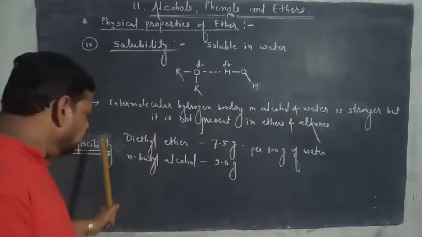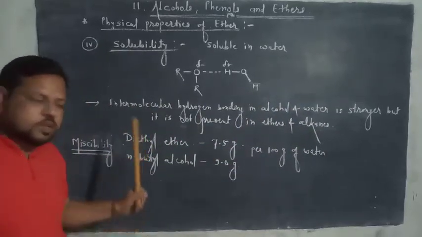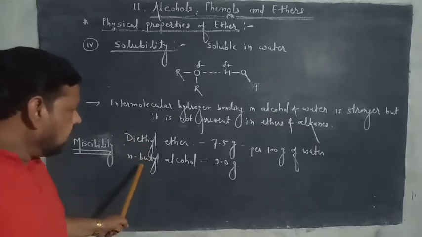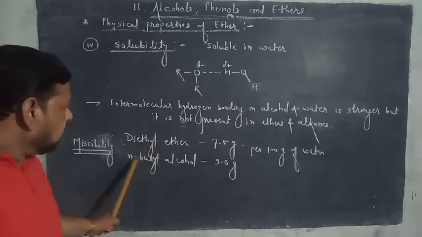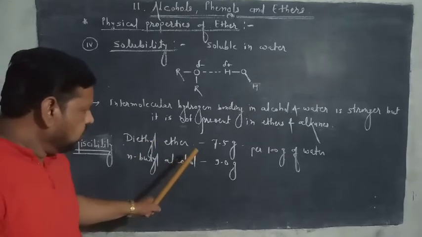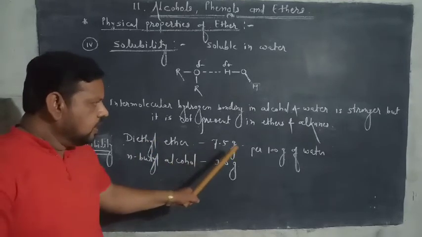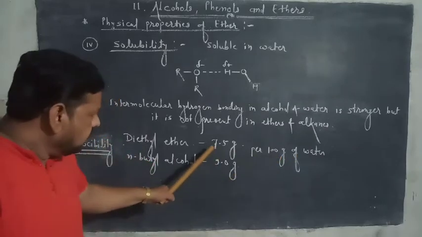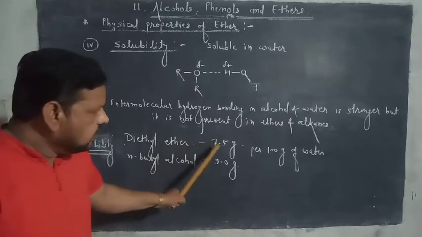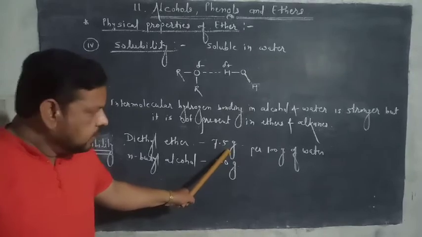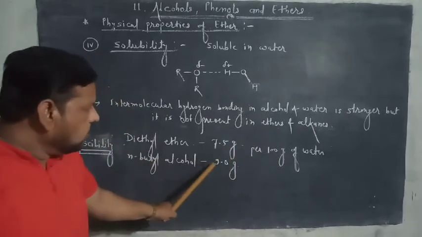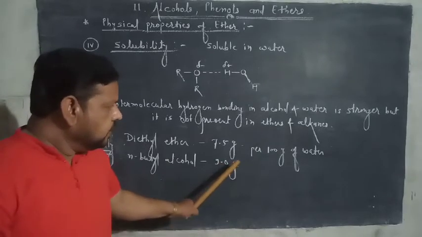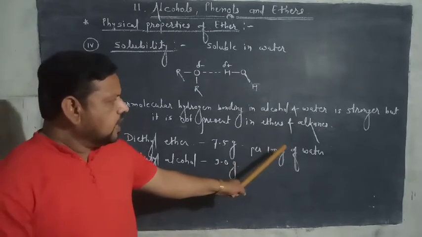See here the example for solubility or miscibility of diethyl ether and n-butyl alcohol. Diethyl ether is 7.5 gram miscible in 100 gram of water, and n-butyl alcohol is 9 gram miscible per 100 gram of water.